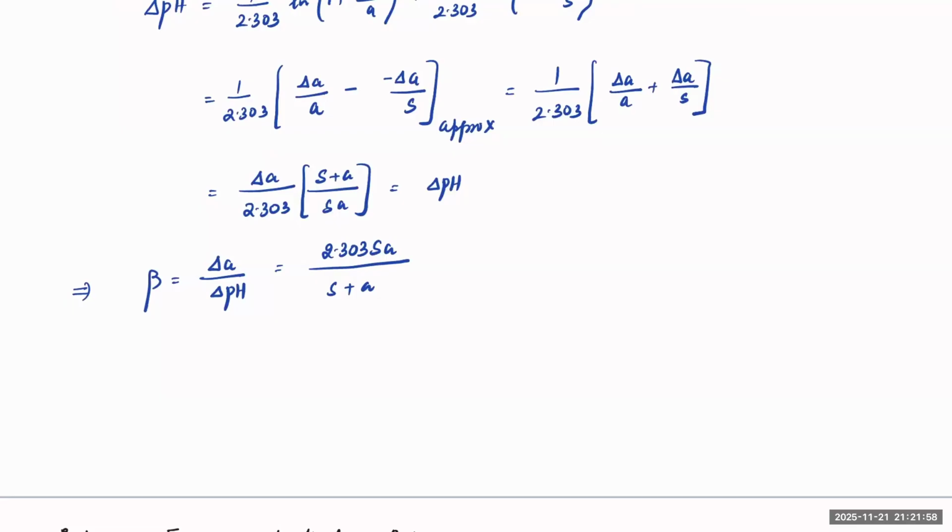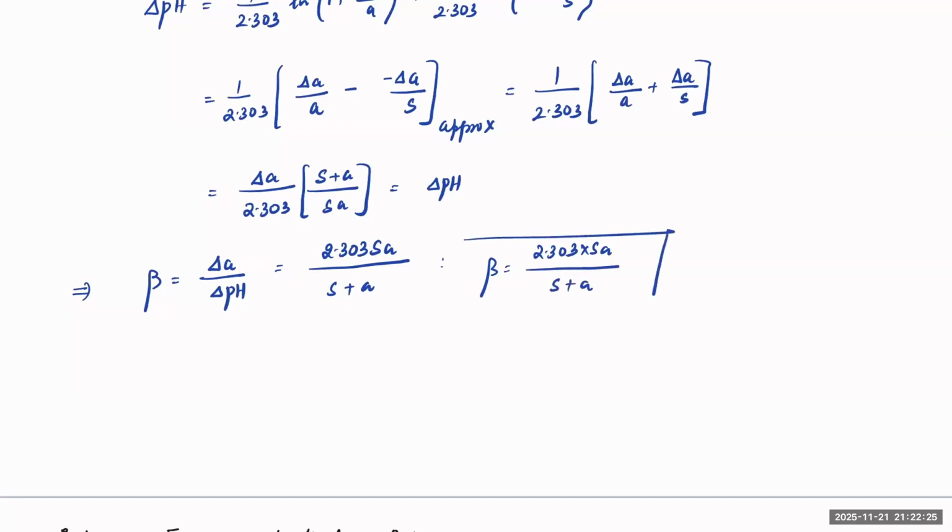Buffer capacity is the amount of acid added divided by the change in pH, defined as buffer index. And what value did we get? We got 2.303 SA by S plus A. Hence, this is the formula we will be using: beta is equal to 2.303 into SA divided by S plus A.